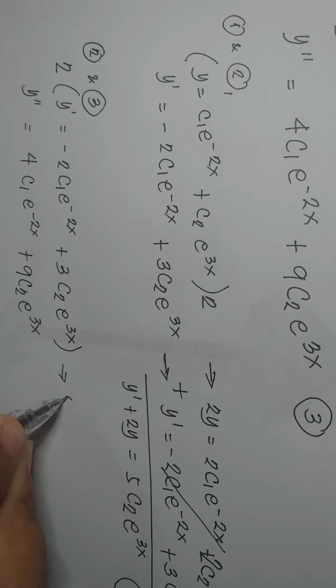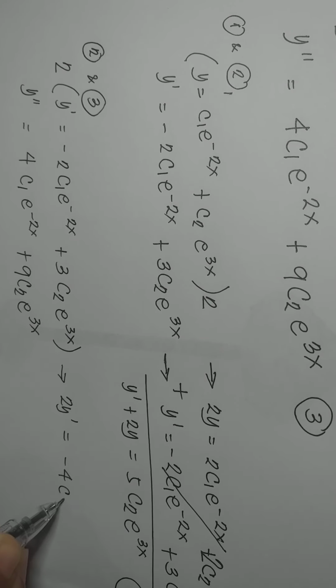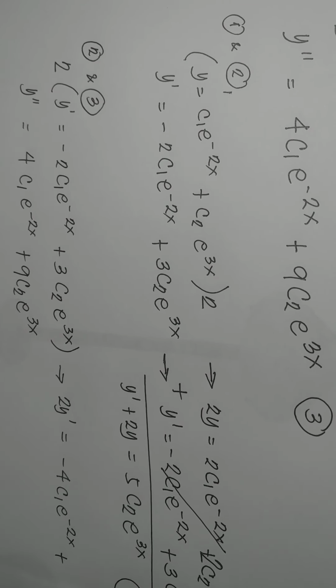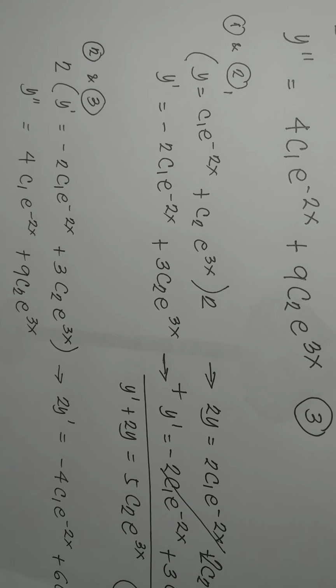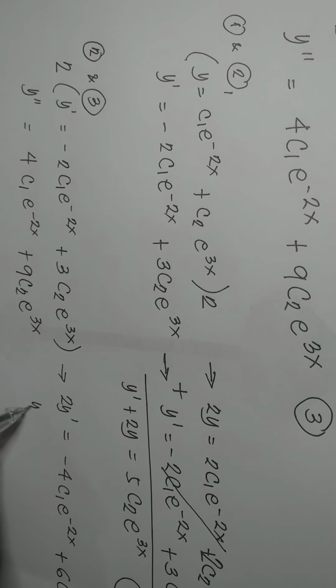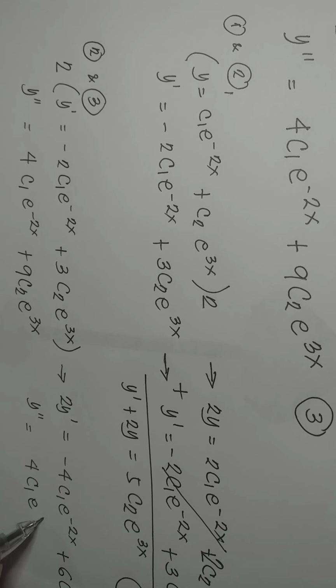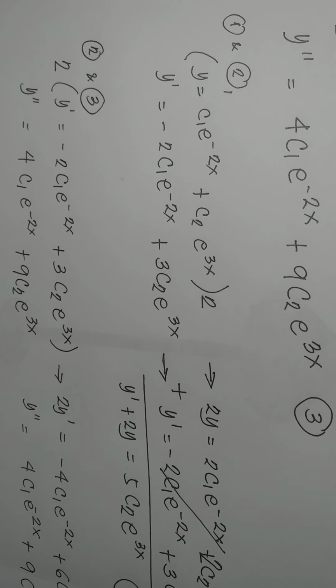So we have 2y prime equal to negative 4 c sub 1 e to the negative 2x plus 6 c sub 2 e to the 3x. Then just copy equation number 3. y double prime equal to 4 c sub 1 e to the negative 2x plus 9 c sub 2 e to the 3x.